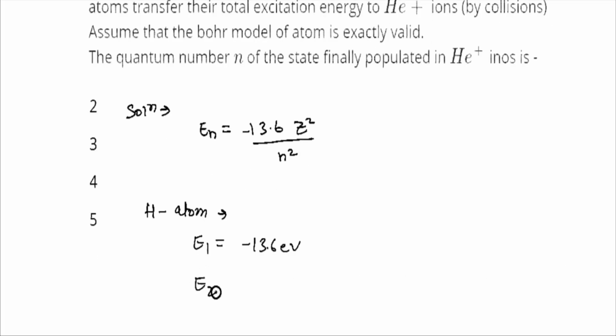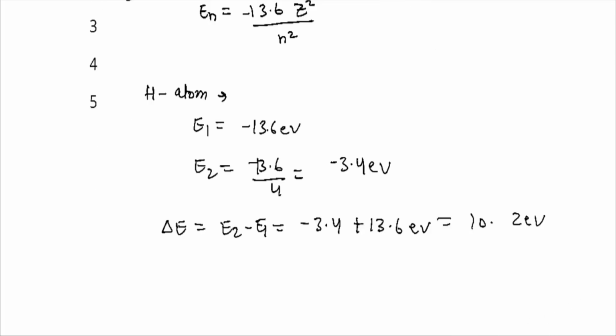For the second it is minus 13.6 divided by 4, which equals minus 3.4 electron volt. So the change in energy will be E2 minus E1, which equals minus 3.4 plus 13.6 electron volt, which equals 10.2 electron volt.